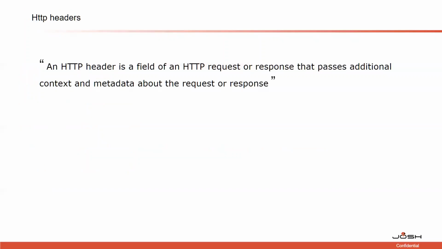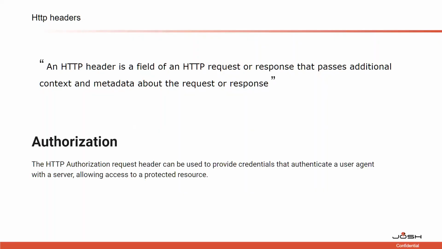Well, let's talk about HTTP headers. An HTTP header is a field of an HTTP request or response that passes additional context and metadata about the request or response. So if you want to pass any additional details, we use HTTP headers. One example is the Authorization header.